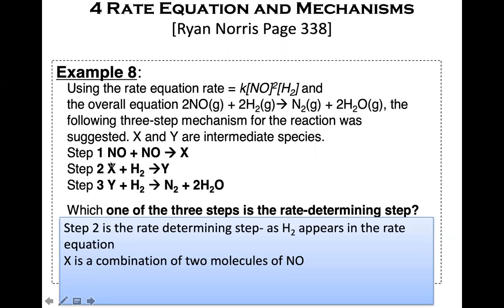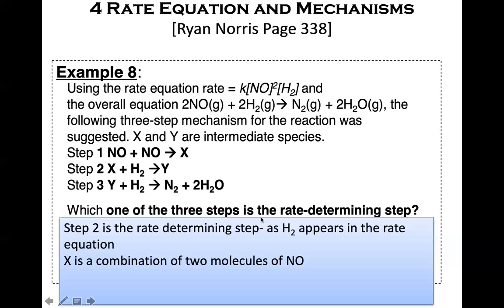So if you think about X having 2 molecules of nitrogen monoxide and 1 molecule of hydrogen, it follows the rate equation nicely: nitrogen monoxide to the power of 2 and hydrogen to the power of 1. So step 2 is the answer. Step 3 is not.